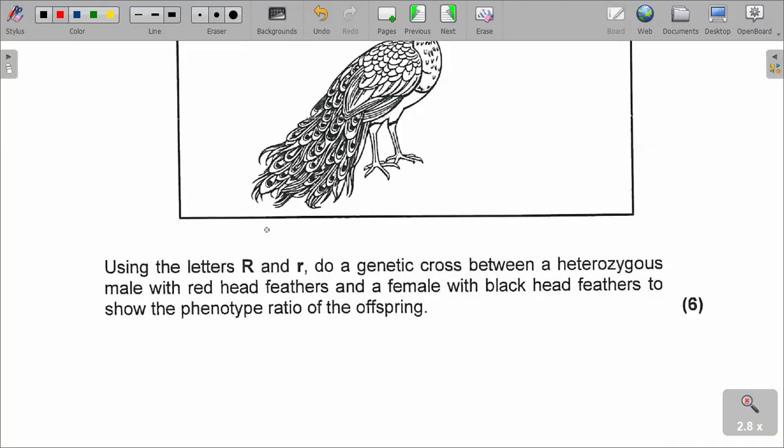The question is saying: using the letter R, do a genetic cross between a heterozygous red-headed male and a female with black head feathers to show the phenotypic ratio.